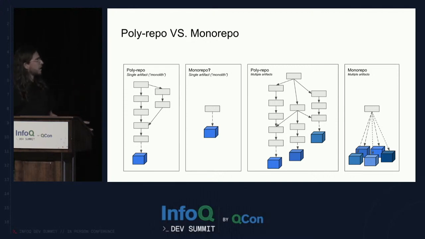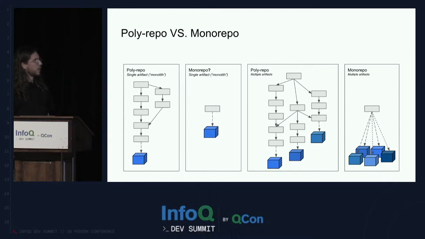Then we move on to the next one, where we have a single repo, but we also produce a single artifact. So that also already has a question mark here from my side, because is that a monorepo or not?